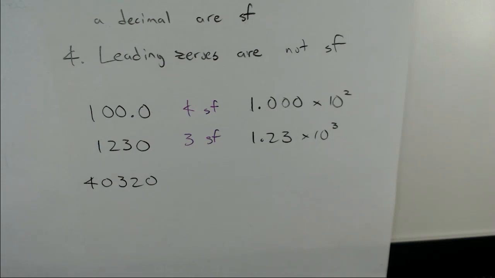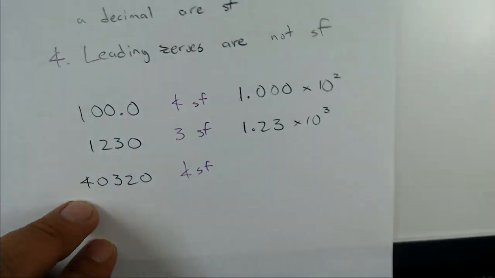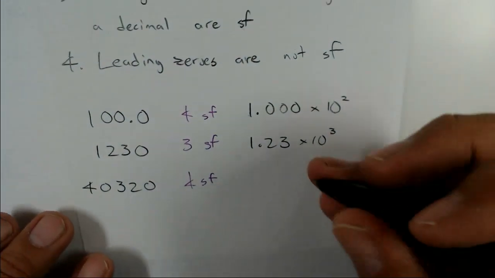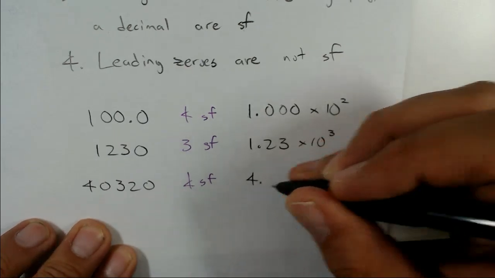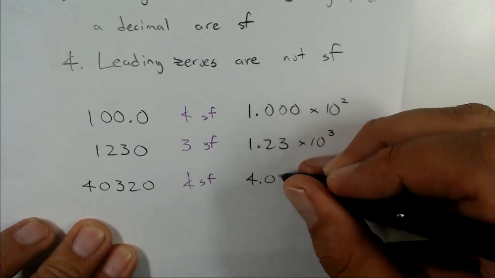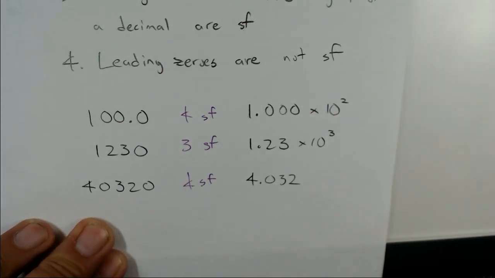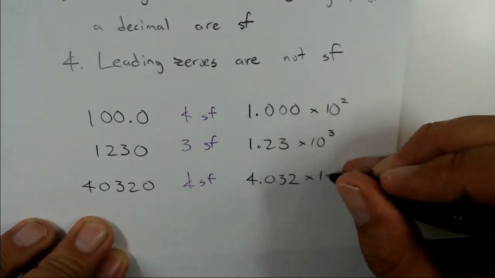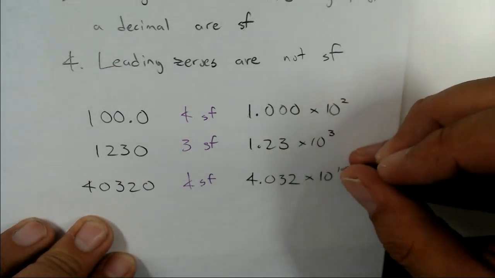So if the 0 is trapped between non-zeros, then it is significant. So this one has 4 sig figs. And then putting it into scientific notation, let's go ahead and write 4.032. 4 digits to make sure it matches with the number of sig figs. And then 10 to the what? 10 to the 4. Yep.